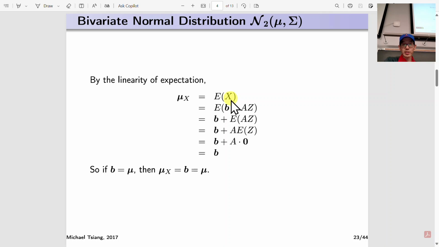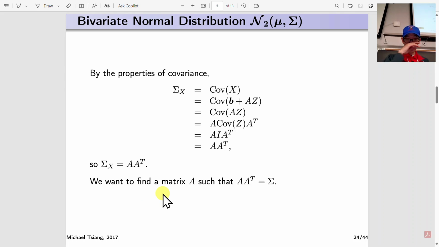Because if I take z and multiply by A, well, the expected value of z is just going to be 0, right? So A times the expected value of z is just going to be 0. So what is the b that I should add? It should just be equal to the desired mu. All right, so if we set b equal to this, then the resulting distribution of x will have that desired mean.